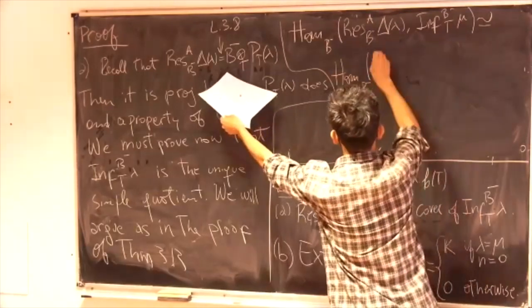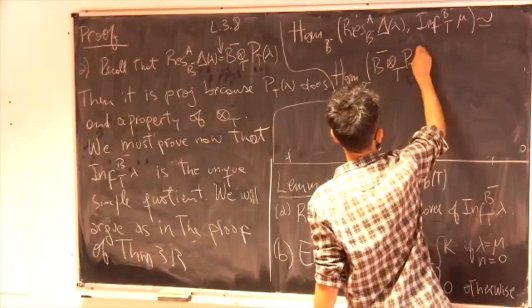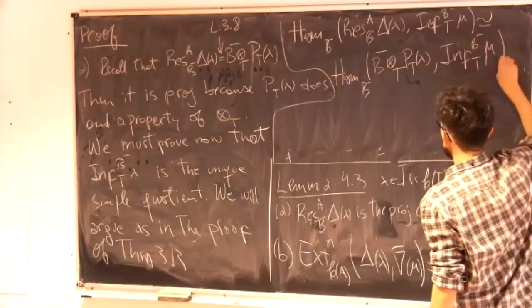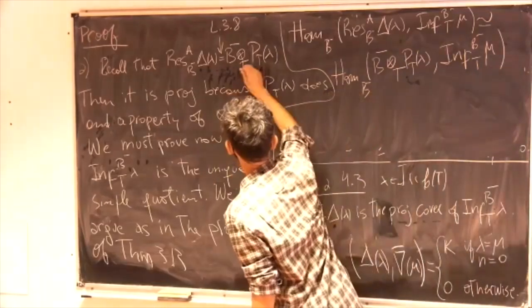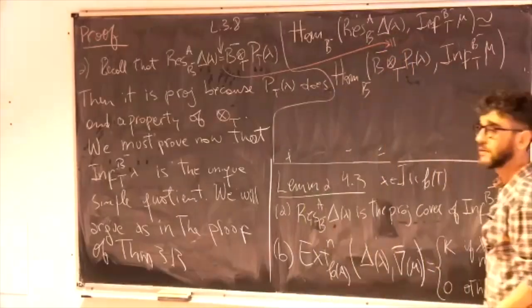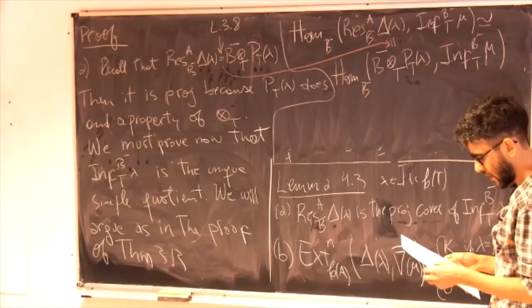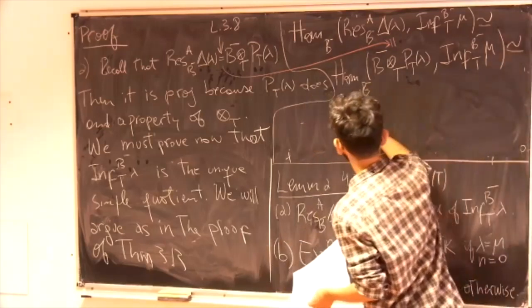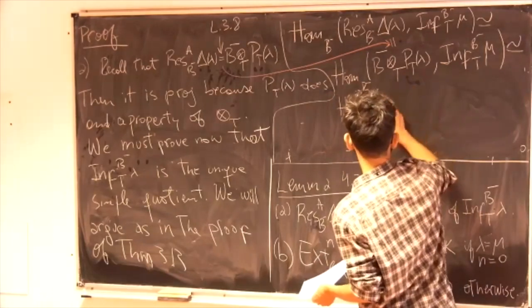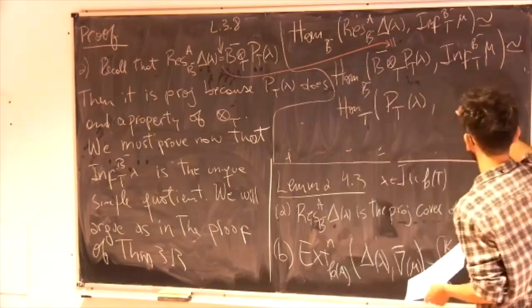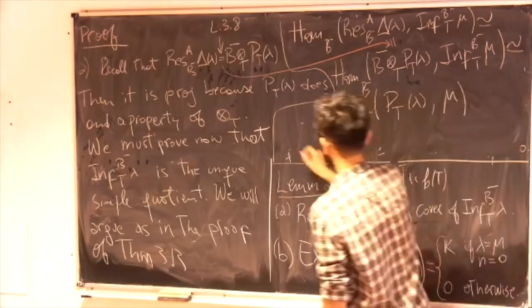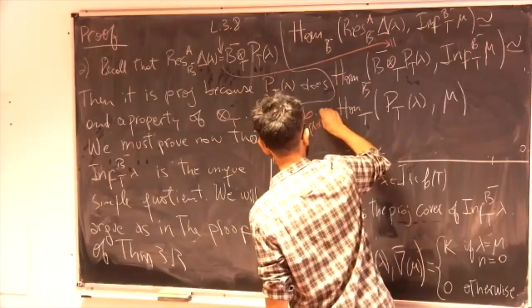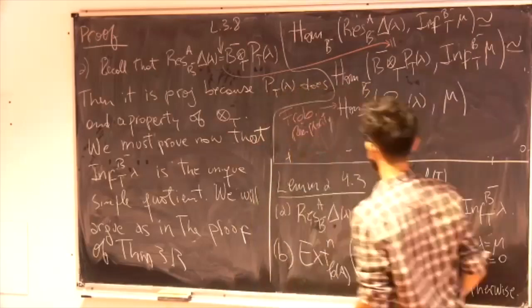Using this isomorphism, we can put here B minus tensor T P. And next, we use again the Frobenius reciprocity. This is isomorphic to the Hom as T modules between P of lambda and mu. That is the Frobenius reciprocity that I mentioned yesterday also.